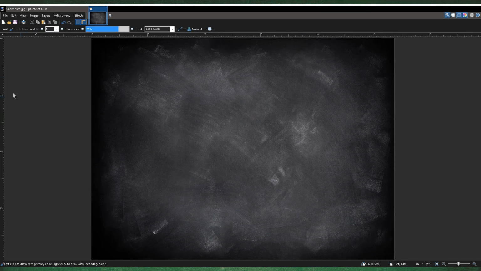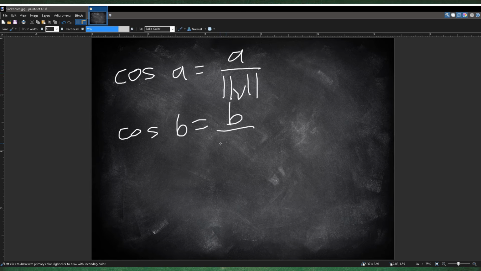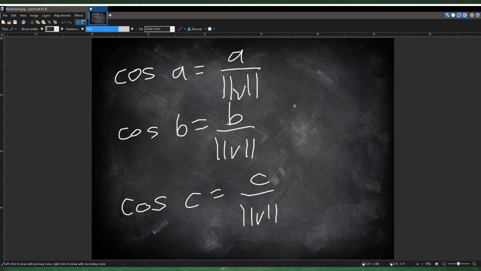Okay. To calculate these angles, there's a general form. Cosine A is A divided by the magnitude of V, cosine B is B divided by the magnitude of V, and cosine C is C divided by the magnitude of V. The vector would just be Ai plus Bj plus Ck.